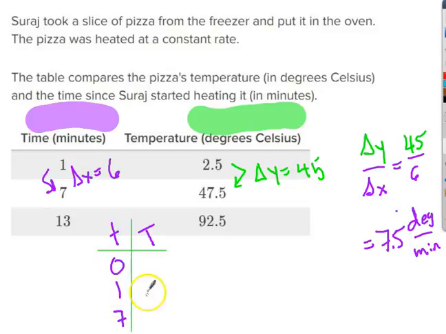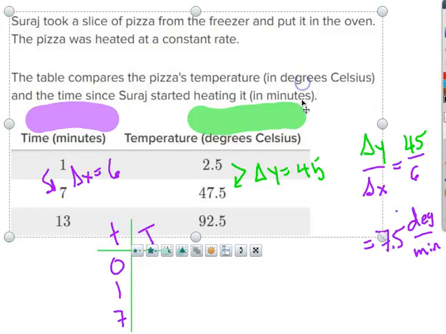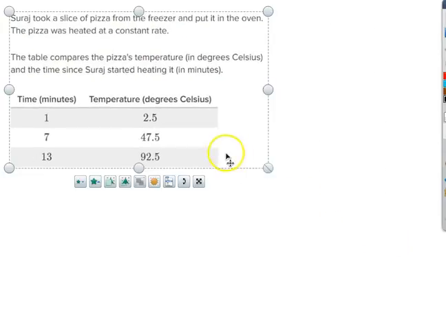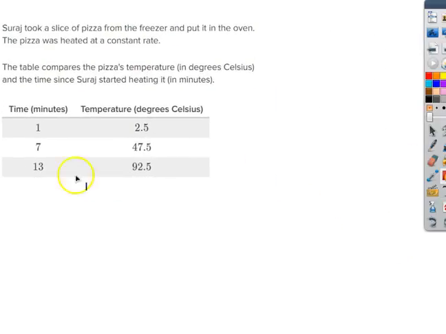So if I'm going to find 0, then I'm going to have to work backwards. And the thing that tells me how fast I go is the 7.5. I'd like a little bit more room for this, so let me write this in another column, because I'd like my table to go all the way down to 7 so that I can double check that everything's working.